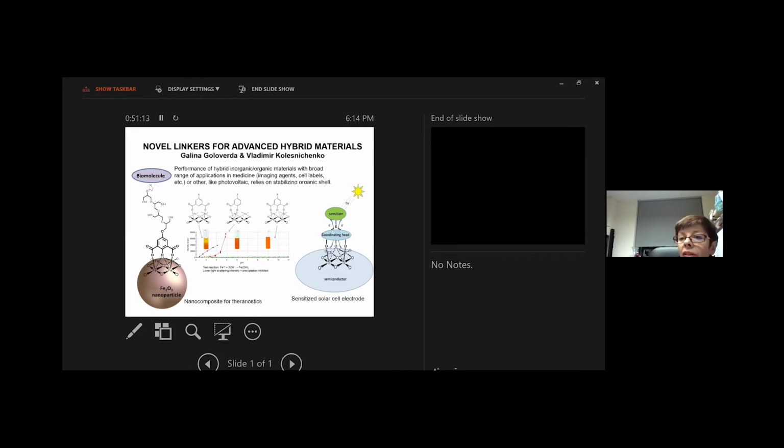And now in future projects, we are developing different tails for this molecule, depending on how large that tail should be and what biomolecule we want to bind to it.